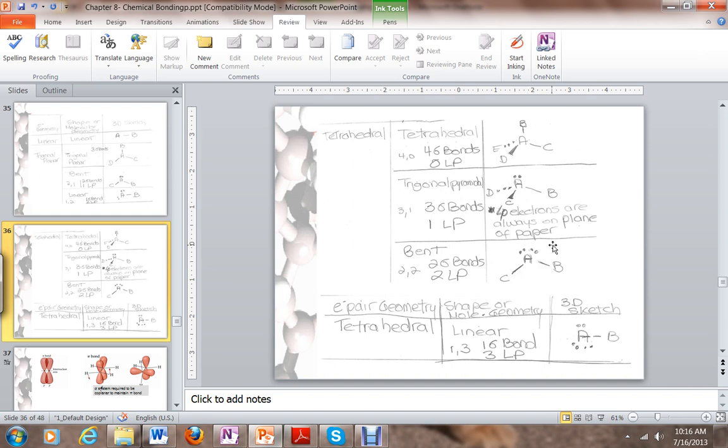So of course you draw on your plane, you draw your lone pairs, and you've got one here and one here. Now, if you've got the tetrahedral shape with 1 and 3, three lone pairs, it's going to be tetrahedral linear. So you're going to have your three lone pairs and only one atom. And that's about what you need to learn.